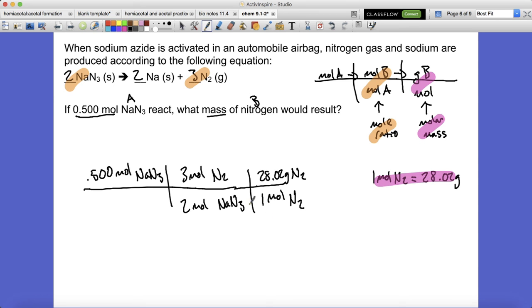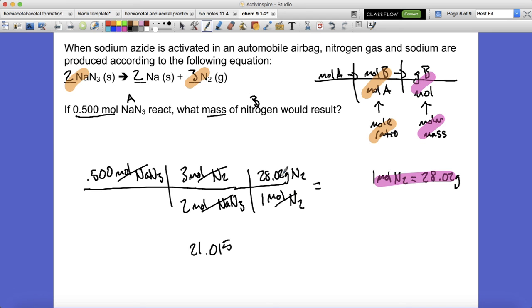It doesn't actually matter because I'm not going to multiply or divide by 1s because that doesn't change anything. But now if I do multiply and divide, if I take my 0.5 times 3 times 28.02 and then divide that answer by 2, I'm going to get an answer on my calculator of 21.015, right?